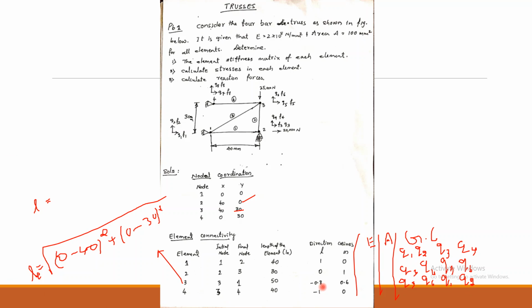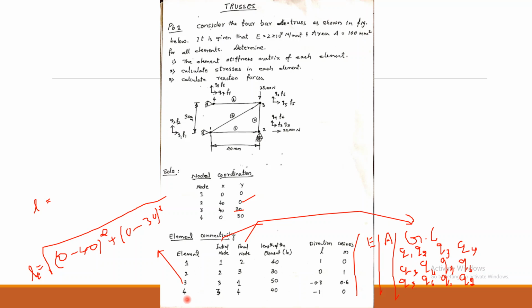If I choose 1 to 3, then it becomes a swap: Q1, Q2, Q5, Q6. So you should remember that this choice affects global connectivity, both initial node and final node.